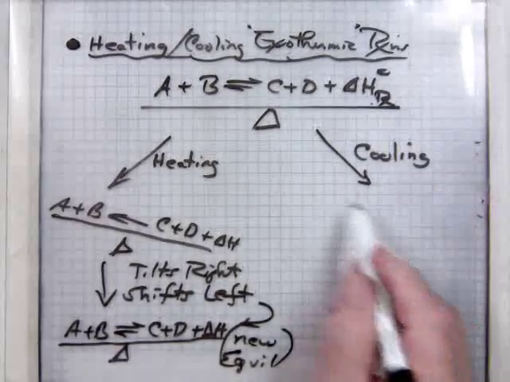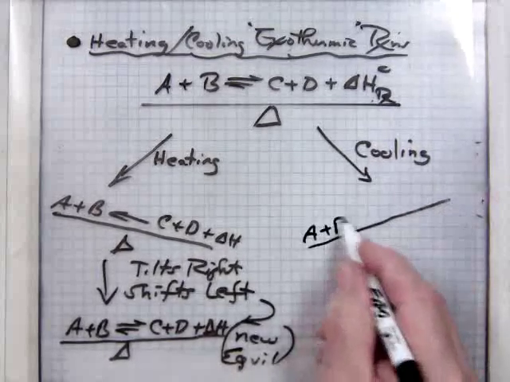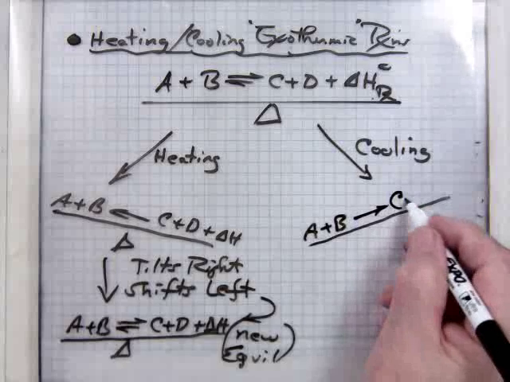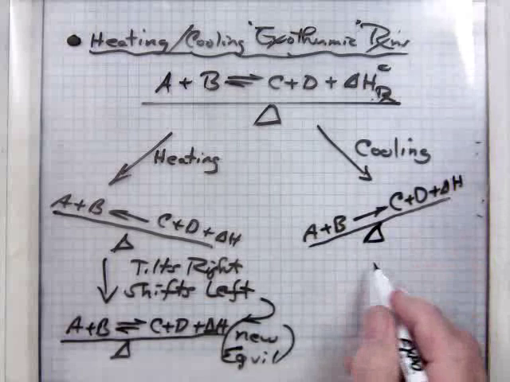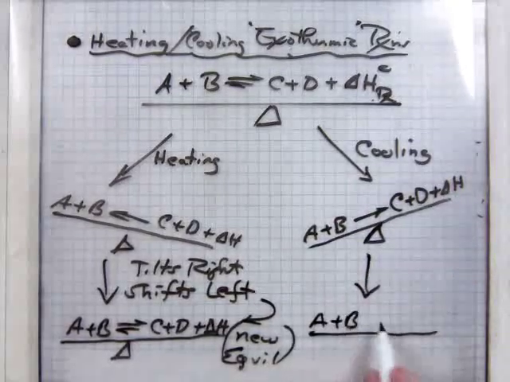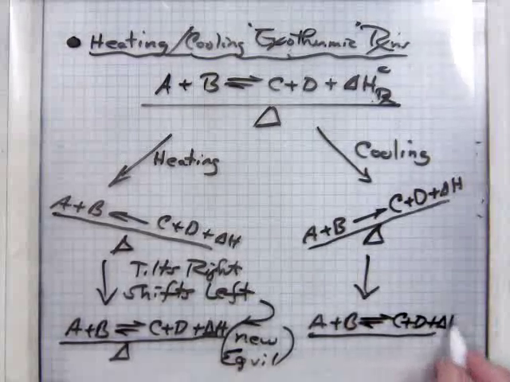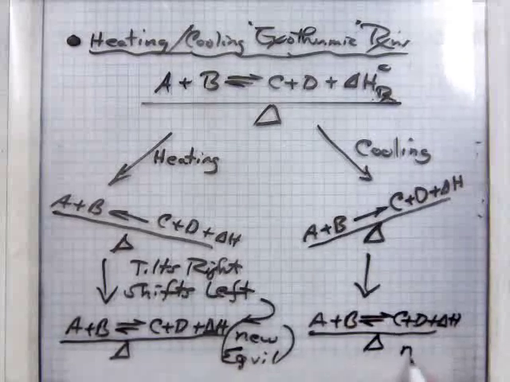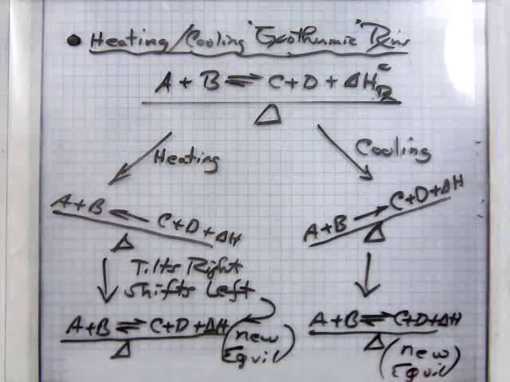So if we remove it, then we'll have a tilt left, shift right, to regenerate the new equilibrium. And so that's how temperature effects work. I'm running out of time, so I'm going to push this on.